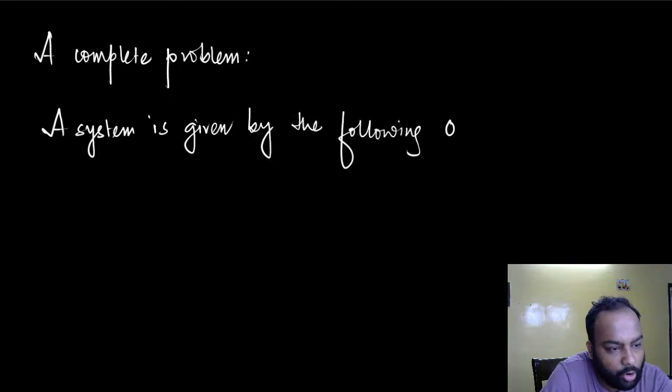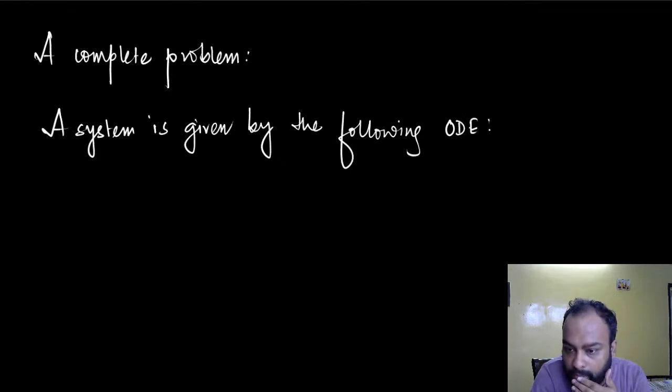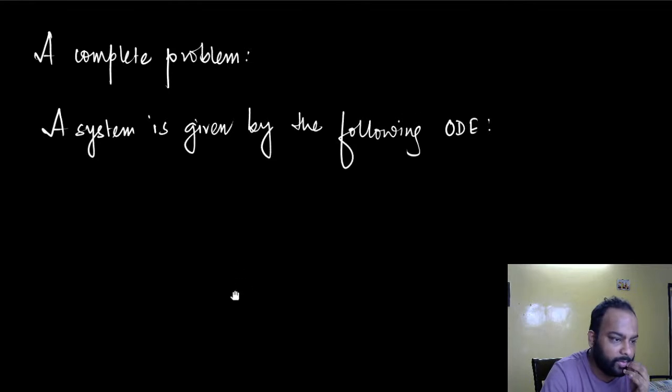The system is given by the following ordinary differential equation. It's going to be simple, I promise. Say there is a system given by the following ordinary differential equation, and let me make sure that it is simple.